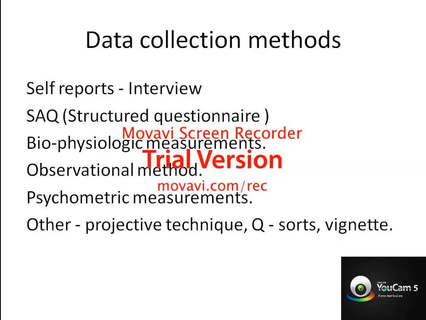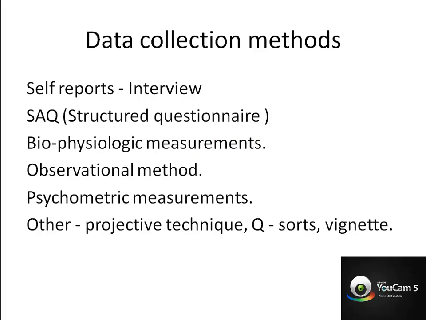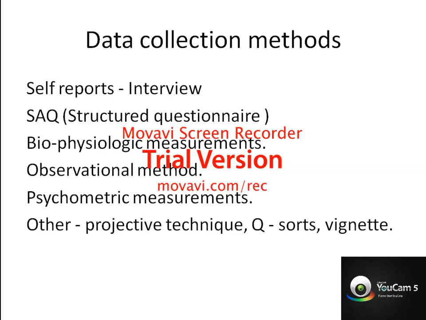Biophysiological methods, in vitro and in vivo. Observational methods, there are different types of observational methods. In observational methods, we use rating scales and checklists. This rating scale and checklist you will be studying in evaluation in 4th year also. These attitude scales, rating scale, checklist you will be studying in 4th year as well.